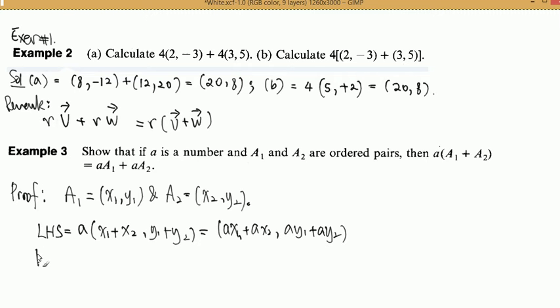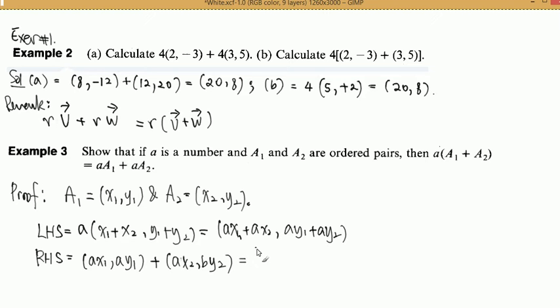And what is the right-hand side? You do the scalar operation first, so that's going to be (A times x1, A times y1). If you multiply A to this vector, I hope you see that, right? And plus A multiplied to the second vector, (A times x2, A times y2).